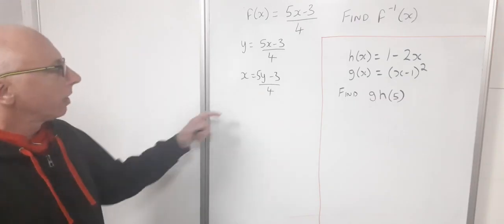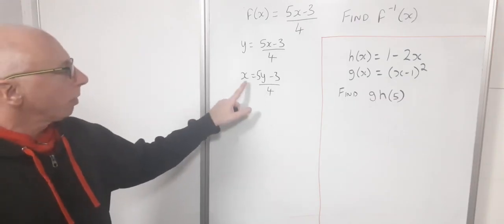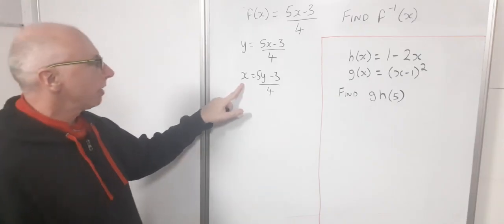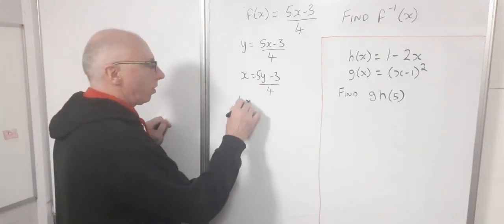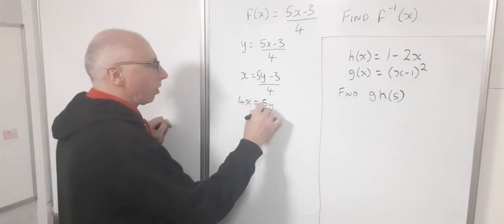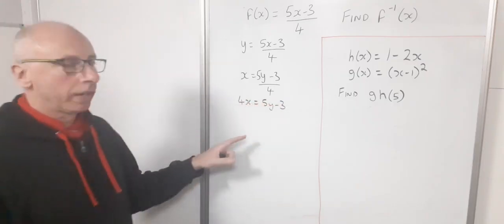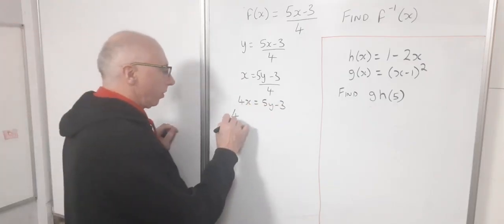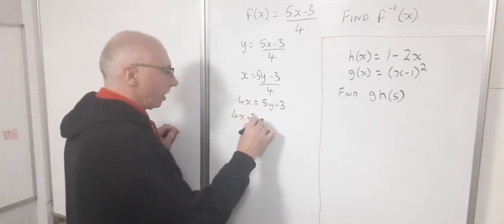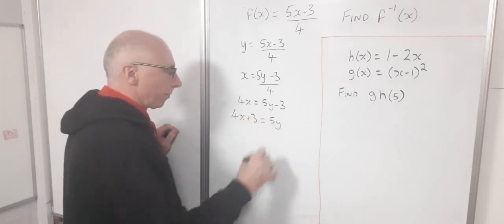So what we do now, usual algebra, multiply both sides by 4 to get this 4 away from this 5y minus 3. So then we've got 4x equals 5y minus 3. Then if we add 3 to both sides, we've got 4x plus 3 equals 5y.